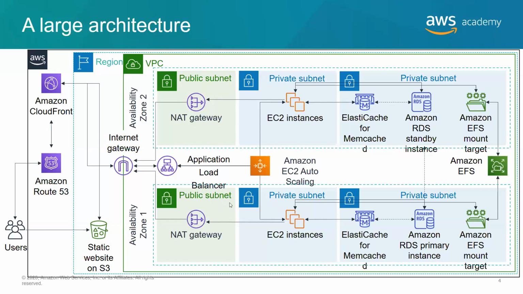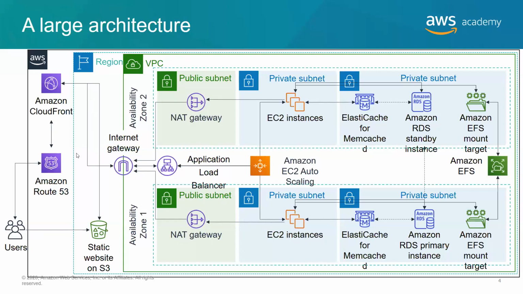So you can connect with your EC2 instance, and also with ElastiCache for in-memory caching. Likewise, we connect with the EC2 instance, then with Amazon RDS, the relational database, and then with the Amazon EFS mount target. In the availability zone, we have all these resources, all again through the internet gateway.